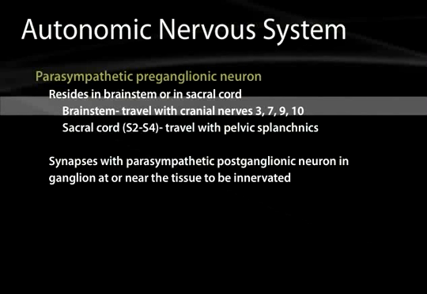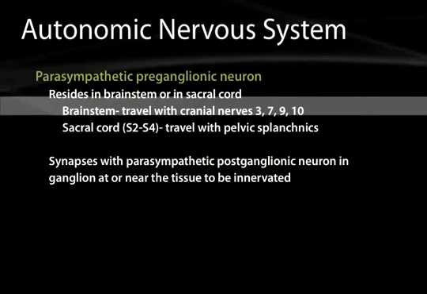One of the important ones for pupillary constriction is Edinger-Westphal, which travels along with cranial nerve 3. 7 and 9 supply the salivary and parotid glands. And 10 has the dorsal motor nucleus of the vagus, which will send parasympathetic fibers along with the vagus nerve.